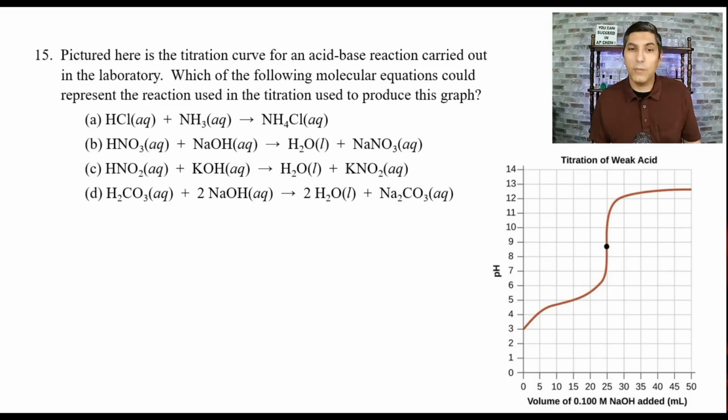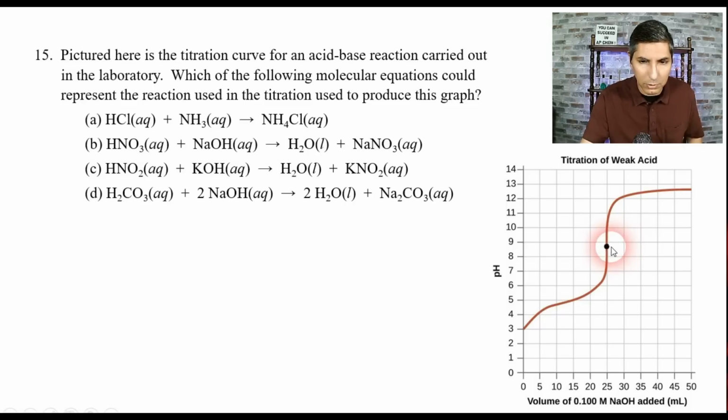Moving on to question 15, our last one here today. Pictured here is the titration curve for an acid-base reaction carried out in the laboratory. Which of the following molecular equations could represent the reaction used in this titration used to produce the graph? Well, one thing I notice by looking at the titration curve here is that the titration seems to be between a strong base and a weak acid.